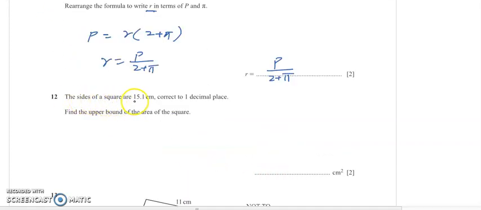The sides of a square are 15.5 centimeters, correct to one decimal place. If I write the alternative statement for this, one decimal place means 0.1. Now, as I have to find the upper bound of the area, for the upper bound I need the upper bound of the length of the side of the square.